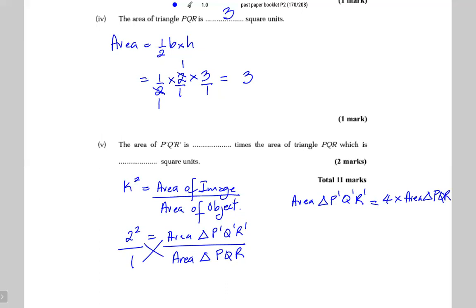All right, so the area of triangle P prime, Q prime, R prime is 4 times the area of triangle PQR, which is 4 times 3, this would be 12 square units. So the area of triangle P prime, Q prime, R prime would be 12 square units. And that would be the end of the question.